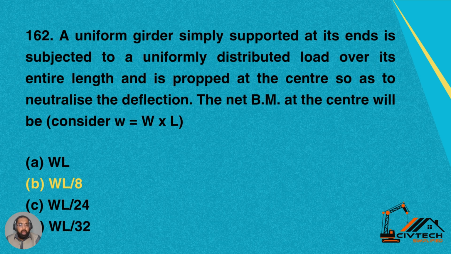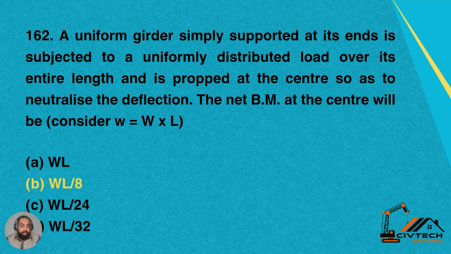Question number 162. A uniform girder simply supported at its ends is subjected to a uniformly distributed load over its entire length and is propped at the center so as to neutralize the deflection. The net bending moment at the center will be, consider W is equal to W into L, the uniformly distributed load.